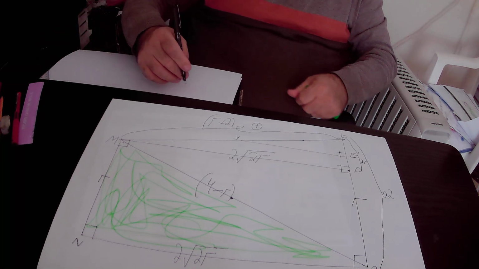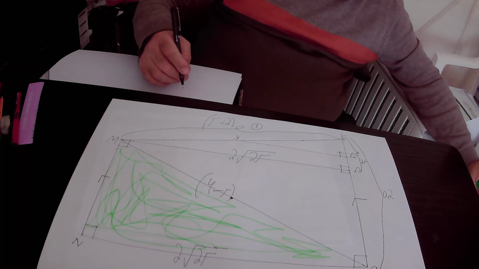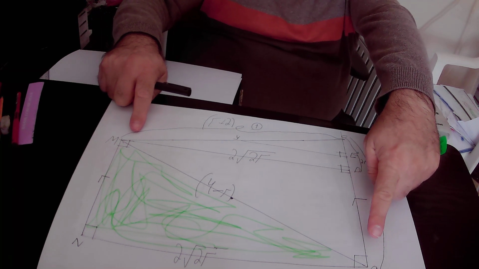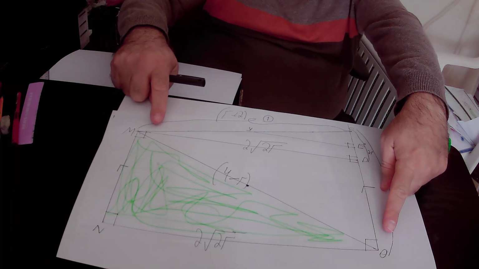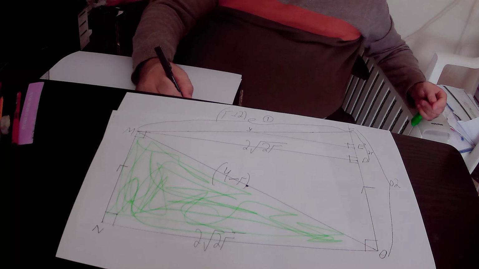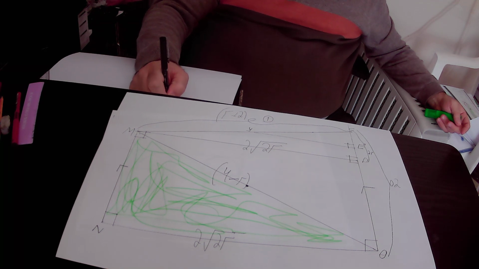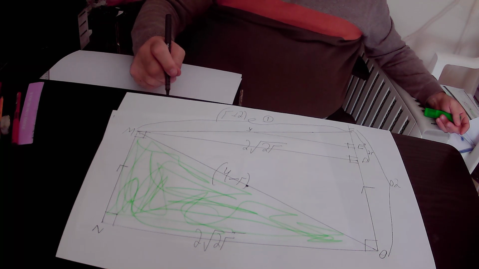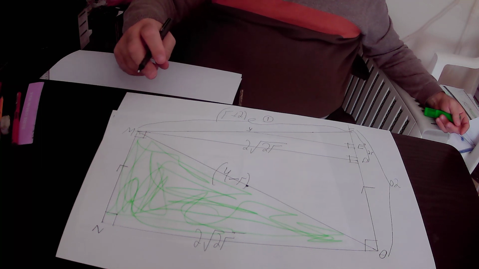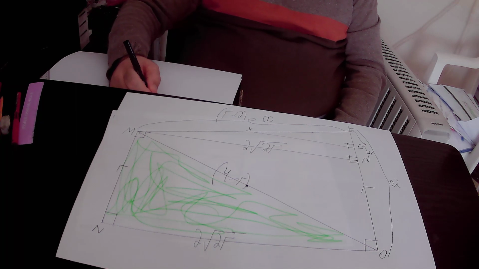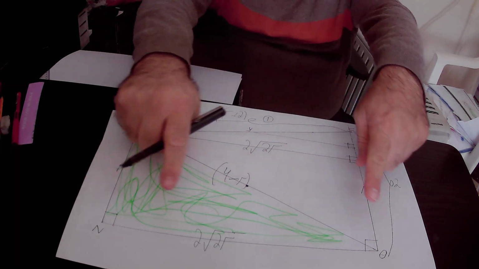So the square of the hypotenuse is MO squared. And it equals to the sum of the squares of the perpendiculars. That is to say, it equals to MN squared plus NO squared.